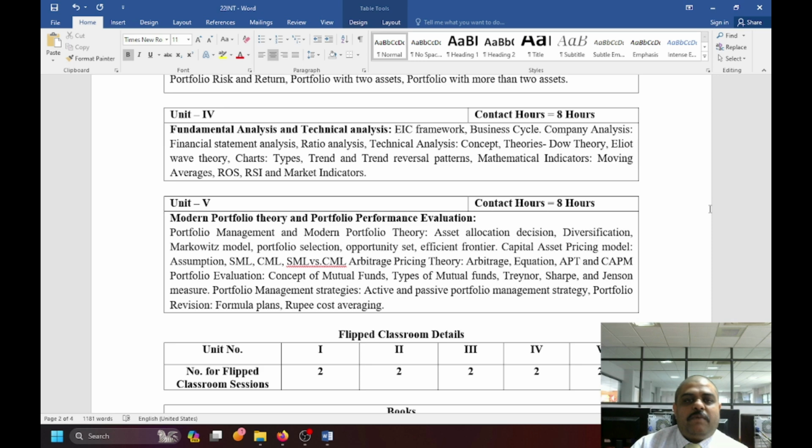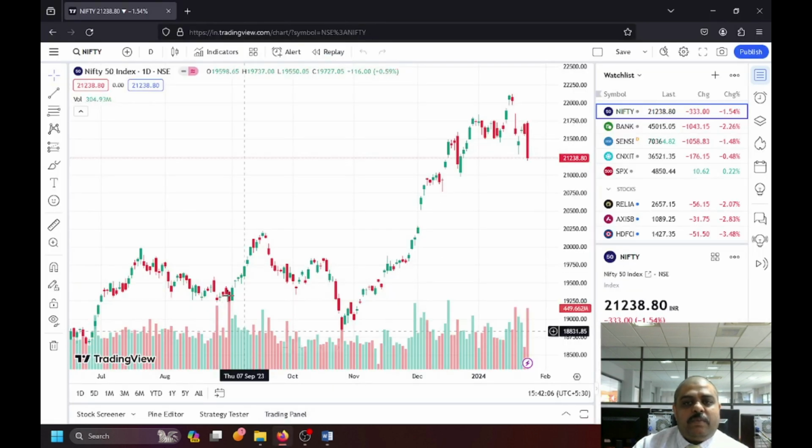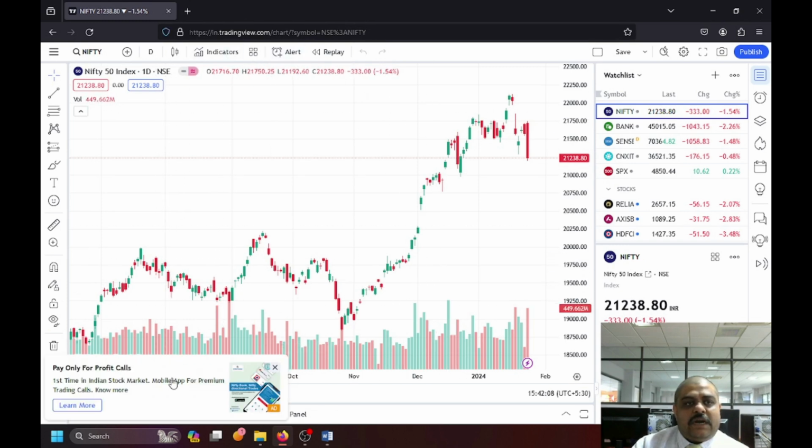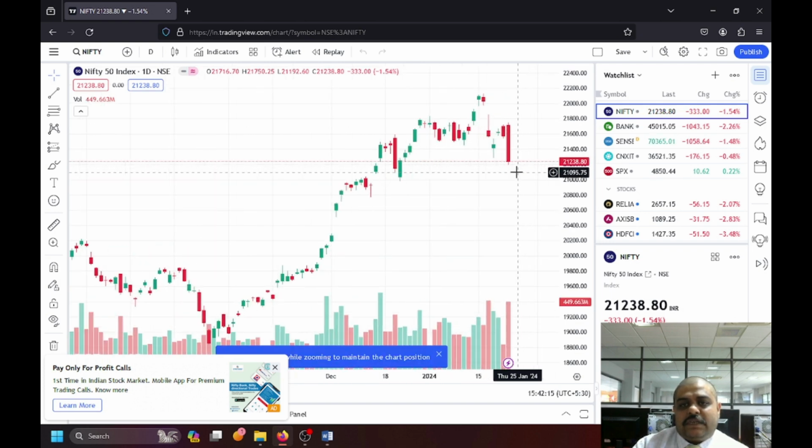The second broader method that we are going to understand is technical analysis, which is nothing but reading charts and patterns in those charts. For example, if I open this chart of Nifty, we can see a long candlestick which has come today.